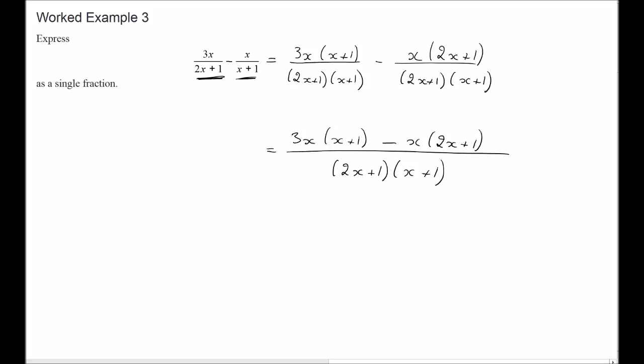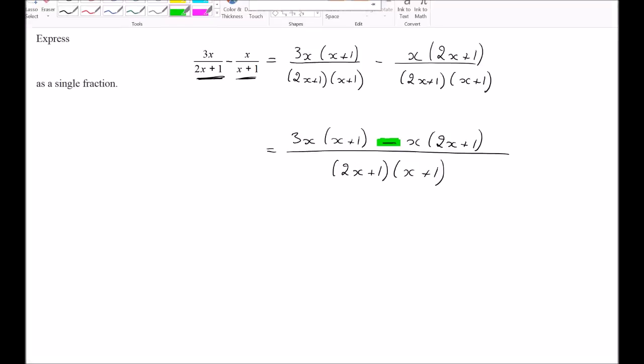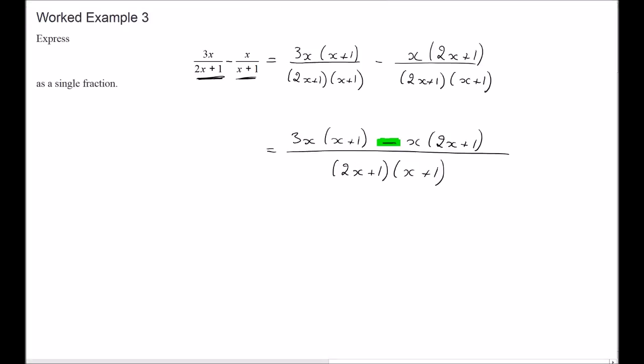Now what's the tricky part here is this negative here, because you're going to have to multiply this set of brackets by a negative number, and that's what makes it tricky. Let's have a look, but I'm sure you'll be able to do it. 2x plus 1. Again, my denominator, I don't have to calculate that.